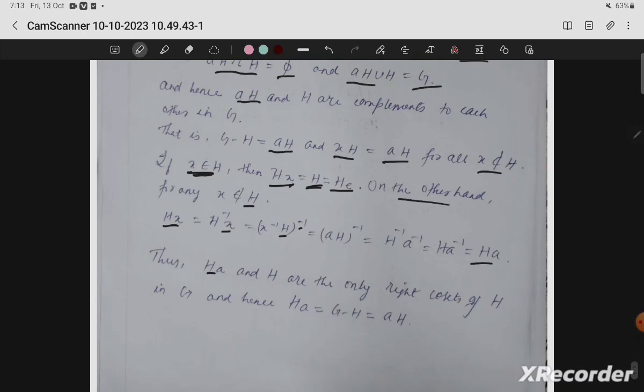Thus, Ha and H are the only right cosets of H in G, and hence Ha is equal to G minus H is equal to aH.